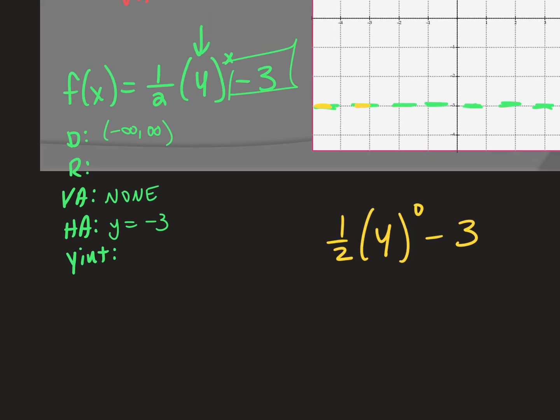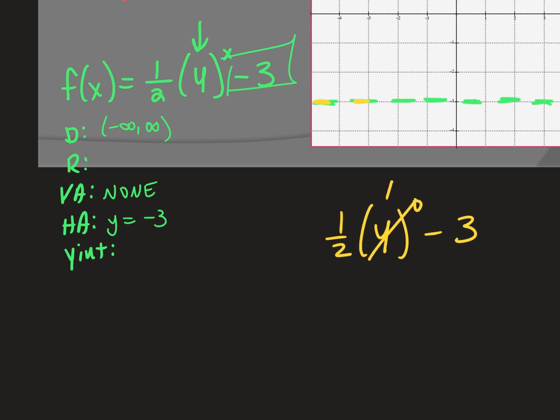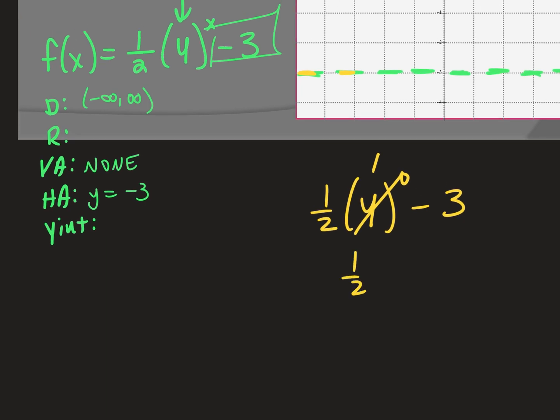Here's the hardest part of your day right now. What is 4 to the 0 power? 1. So 1/2 times 1 is 1/2 minus 3 over 1. If I change 3 over 1 to halves, what does that become? 6 over 2. Good. So what's 1 minus 6? -5 over 2.